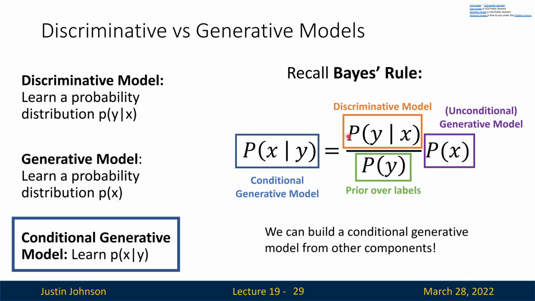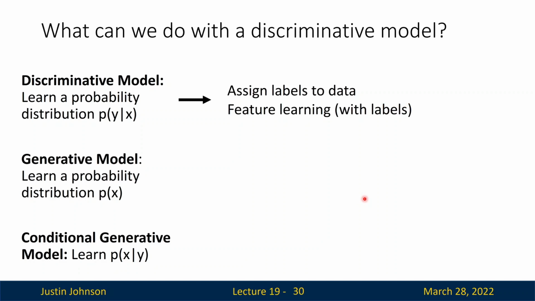And then this is a discriminative model, and what most of you tried for your homework 3. And this is the generative model, and this is the prior over the labels. Okay. So now you have the experience: when you have the data, you can assign the label to your data.